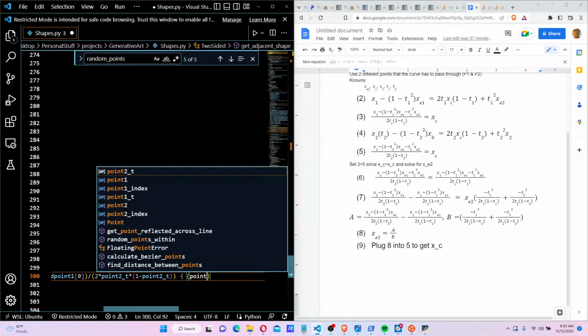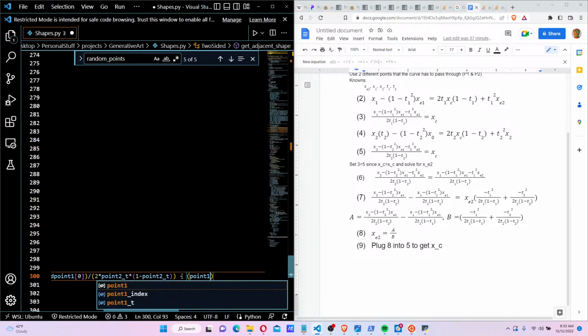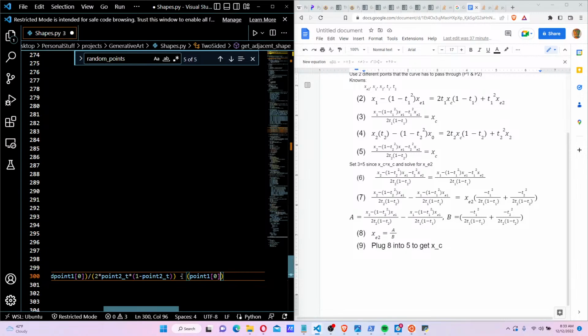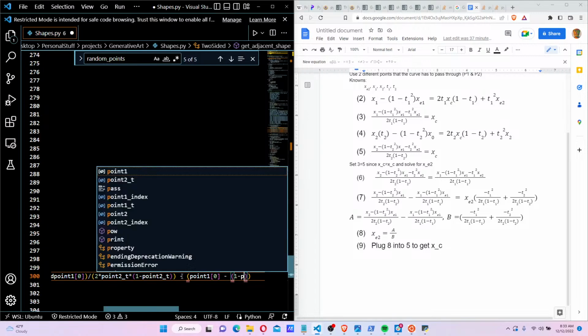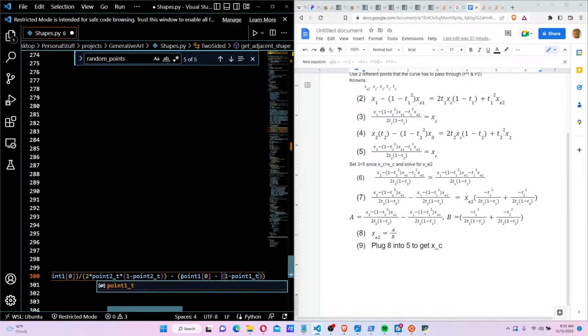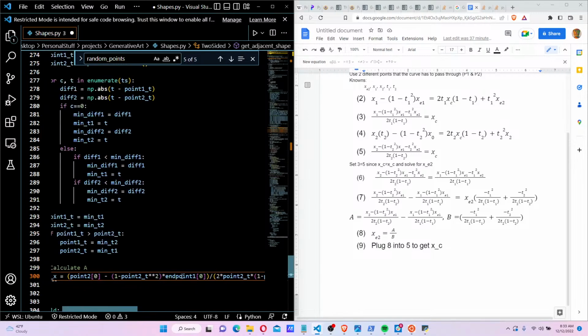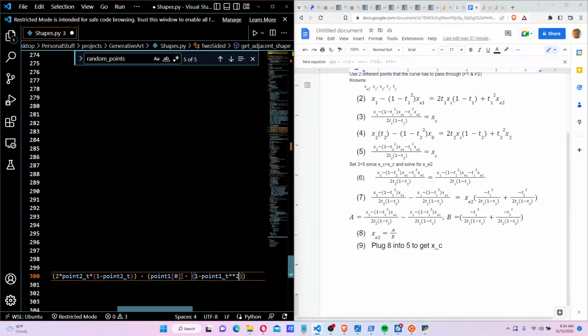So now it's the x value of 0.1 minus 1 minus 0.1t quantity squared, and then on the outside you have times endpoint 1 of x.